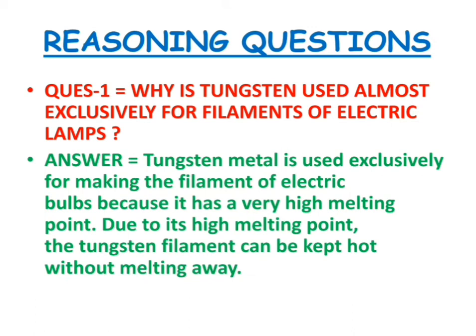The reason is that tungsten is used exclusively for making the filament of electric bulbs because it has a very high melting point. Due to its high melting point, the tungsten filament can be kept white hot, that is really very hot, without melting away. For making a filament we require a metal which has a very high melting point, and tungsten fulfills this trait.